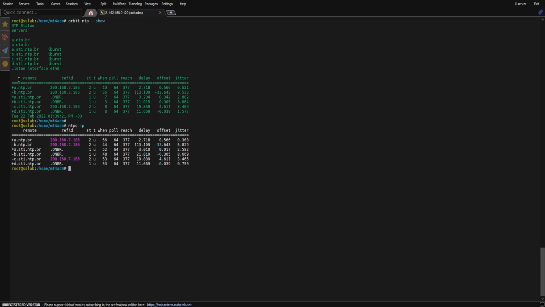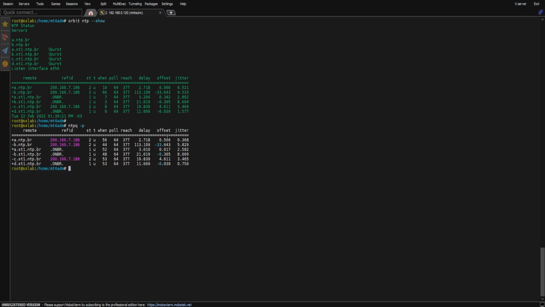But there is a difference. The asterisk symbol is the main one, while the plus symbol is a reliable server that is also being used, but is not the main one. We also have the minus sign. The minus sign means that it's a good source of synchronization too, but that it's not being used as a source of time because there are other remotes with more resilience in the time search.